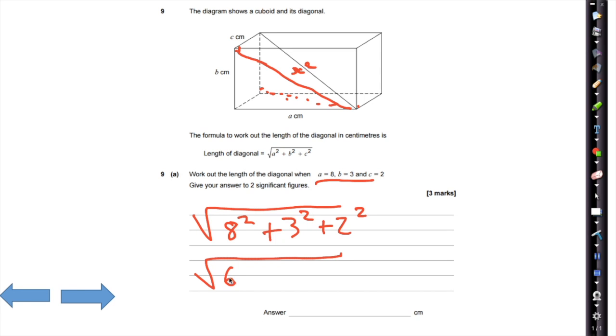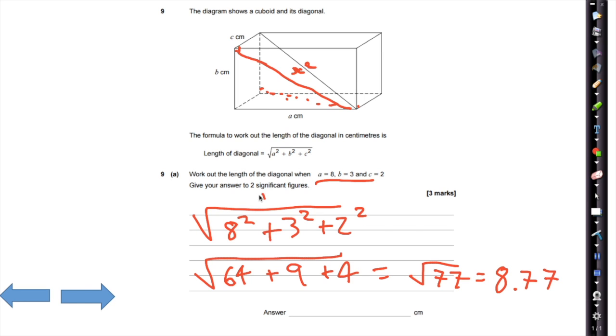So 8 squared is 64, 3 squared is 9, 2 squared is 4, add them all together, and you're going to get the square root of 77. And the square root of 77 is, top of my head, 8.77, I think so. 8.77.